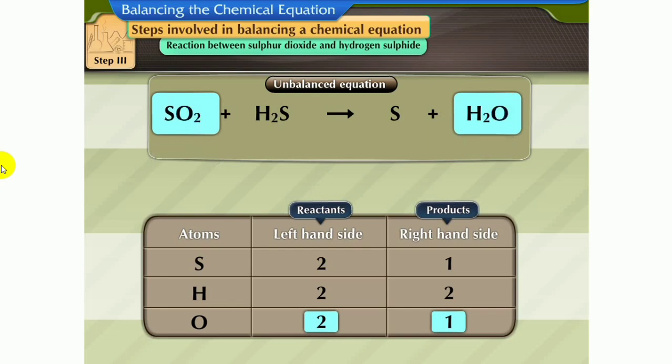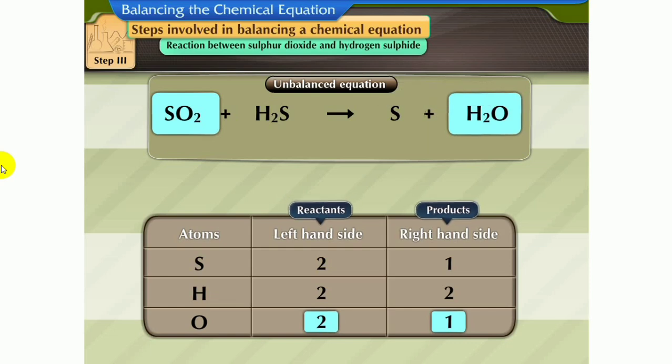To balance the number of oxygen atoms, we cannot make H2O to H2O2. In other words, we cannot change the formulae of a reactant or a product to balance a particular element. But we can change the coefficient of the deficient side, whether it is in the reactant side or the product side.